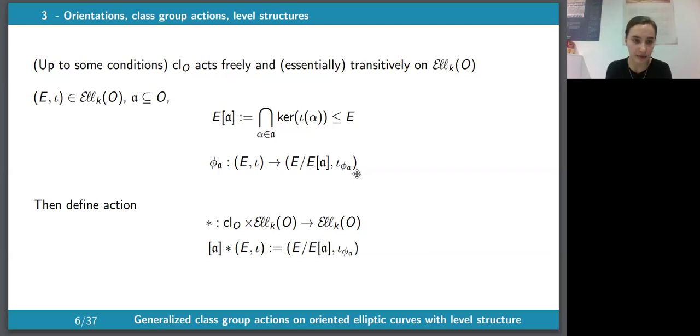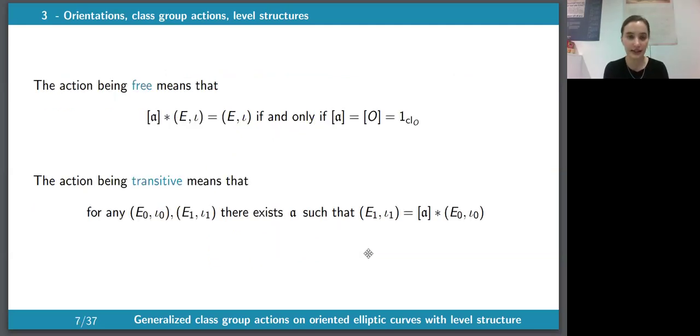Then it is natural to define an action of the class group of O on L_K(O) by sending an elliptic curve E together with its orientation iota to the codomain of the isogeny defined by our ideal A, so the codomain of the isogeny of kernel the kernel of the ideal A, together with the orientation induced by the same isogeny.